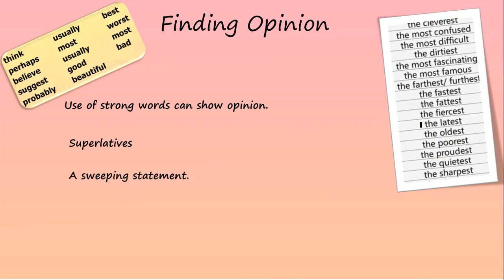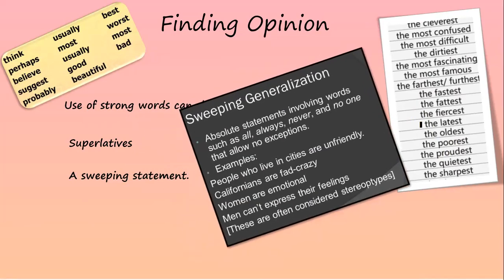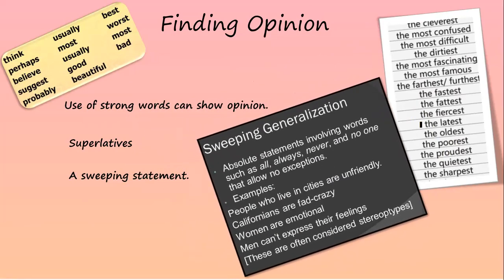A sweeping statement. When the writer finalizes everything, then it's a sweeping statement, and then it is mostly an opinion. And this type of opinion is actually hard to find, and it comes by practice. So look at the examples: people who live in cities are unfriendly. Californians are crazy. Women are emotional. So such are the final statements given by the writer. These are called sweeping generalizations.